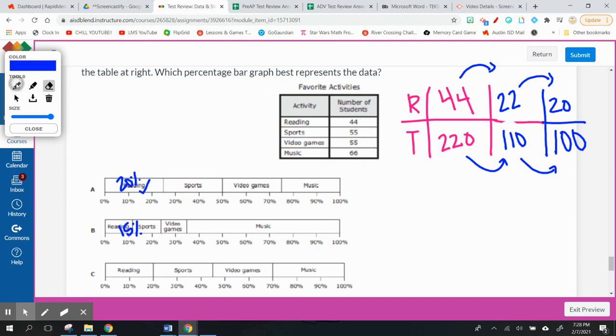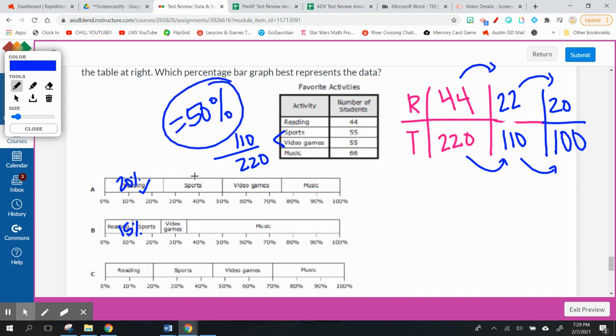Okay. All right, so earlier we said, right, sports and video games have the same percentage, but they equal 110. And we know that the total is 220, all right? You guys, what's half of 220? 110. So our sports and our video games should be 50%.